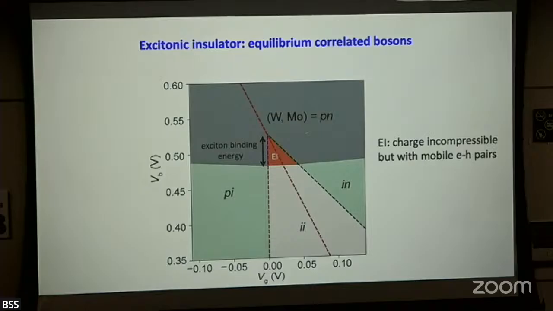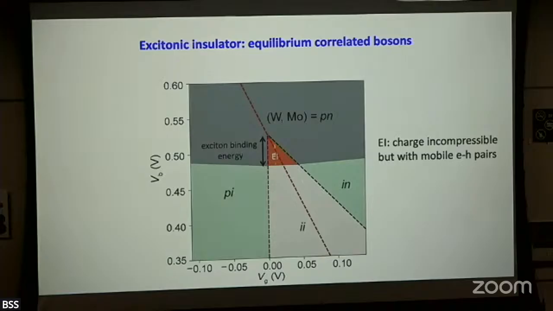At this tip, I should mention the exciton binding energy, remember there's a screening effect, so it is not a constant. At this level, the exciton density is very low, and you have the largest exciton binding energy.